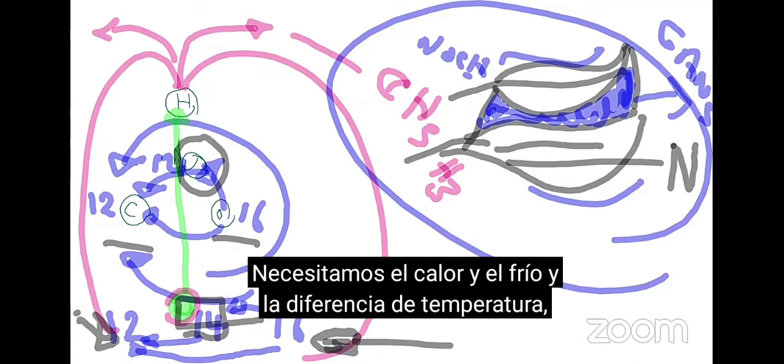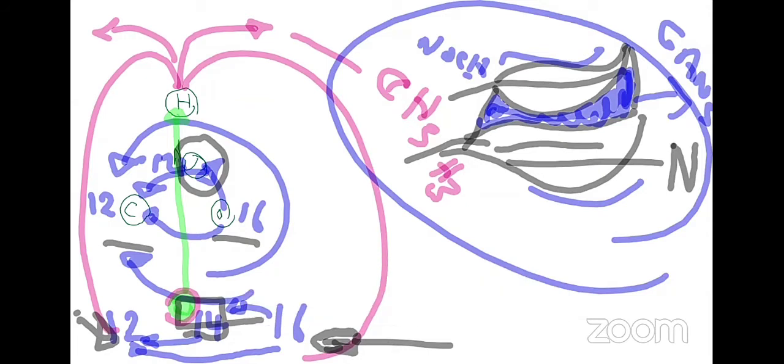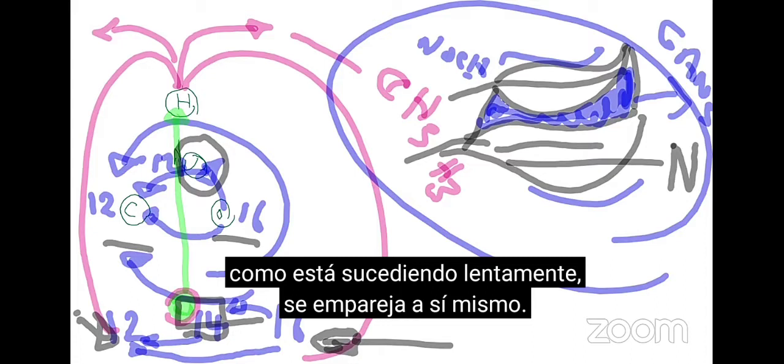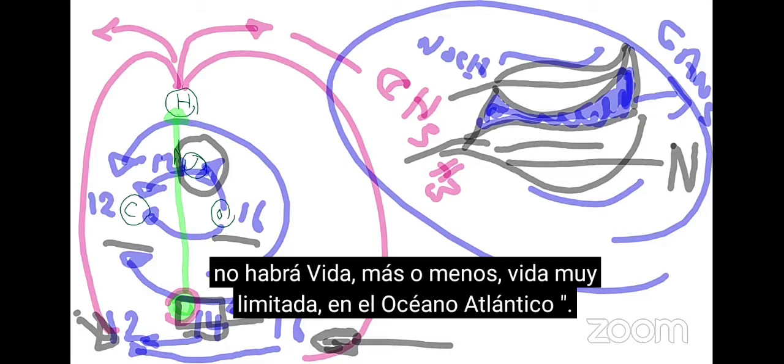We need the hot and cold and the temperature difference to create this dynamic atmosphere that guarantees life. And this planet has got used to it and has adjusted itself in evolution. As it's happening slowly, it matches up itself. As I said before, without the dust from the deserts of Central Africa, there would be no life, more or less, very limited life in the Atlantic Ocean.